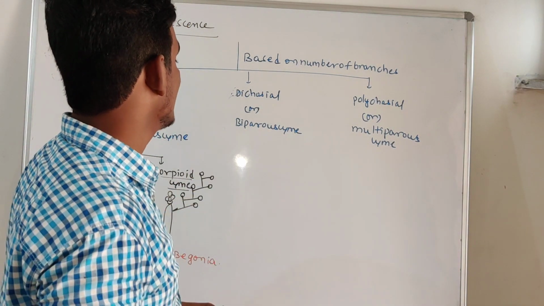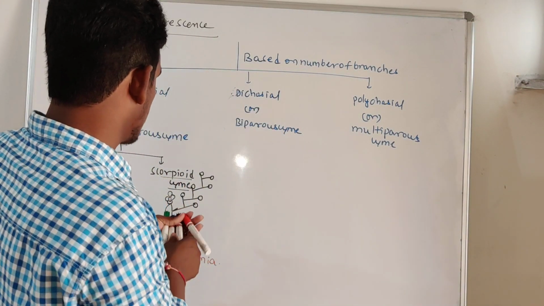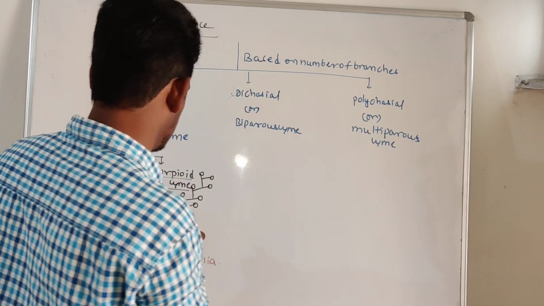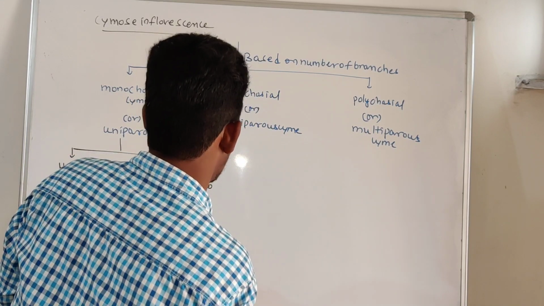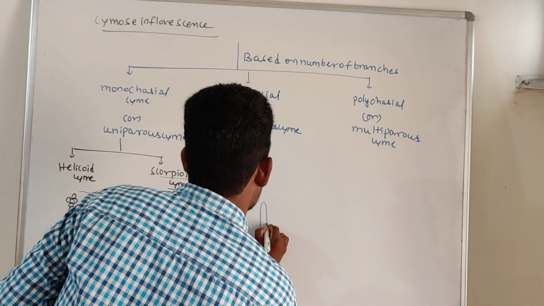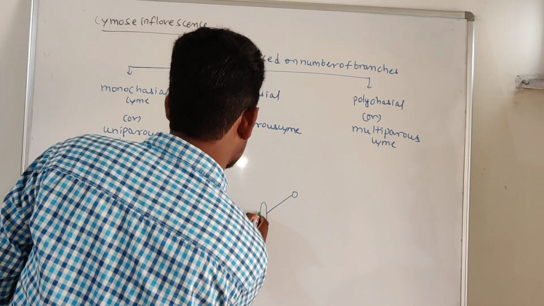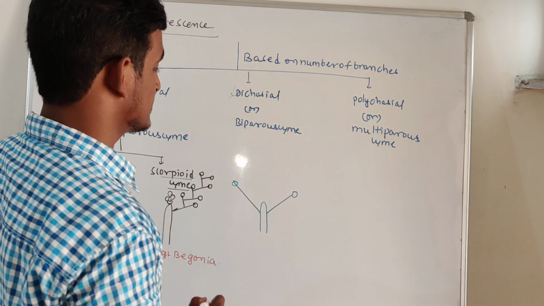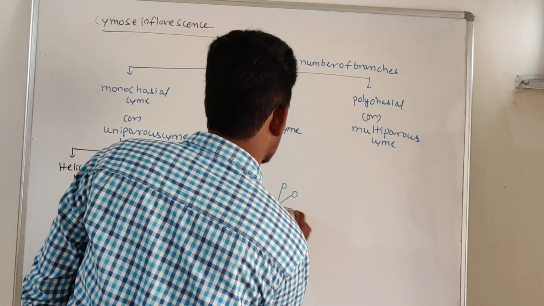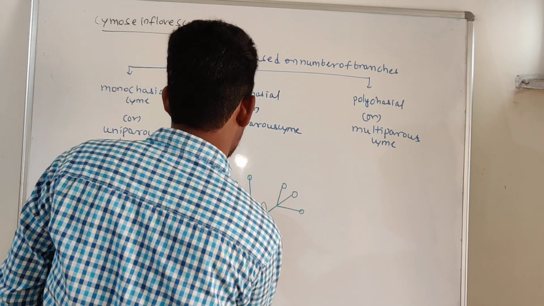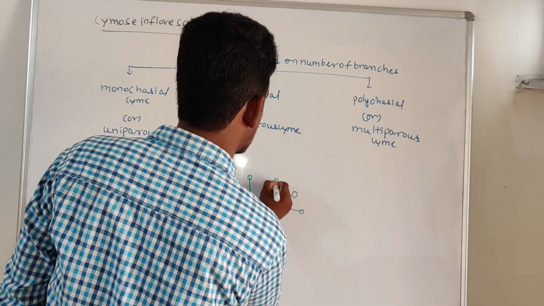So that is the monochasial cyme. Next is the dichasial or biparous cyme. We already know that it produces two branches. See, this is the peduncle, and here it produces two branches. Again each of these produces two branches, and again two branches.